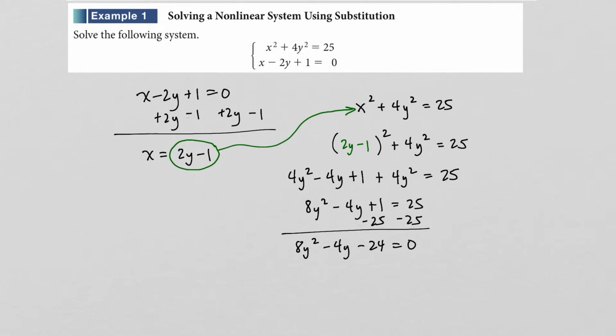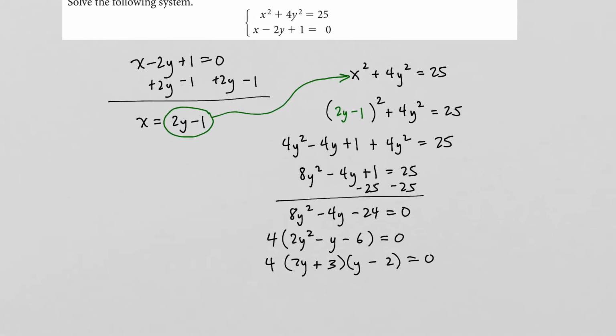Now to solve this, I will use factoring. I can pull out a common factor of 4, which leaves us with 2y squared minus y minus 6 is equal to 0. And then I can continue factoring here. And I won't show the work for this factoring since it is relatively straightforward at this point in the course, but this is what we get for those two factors.